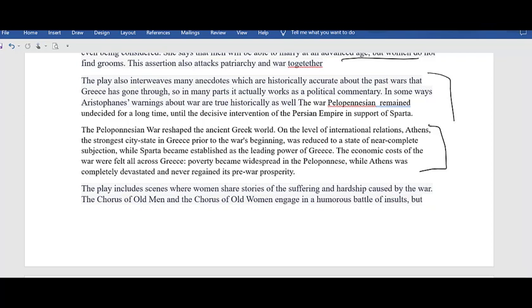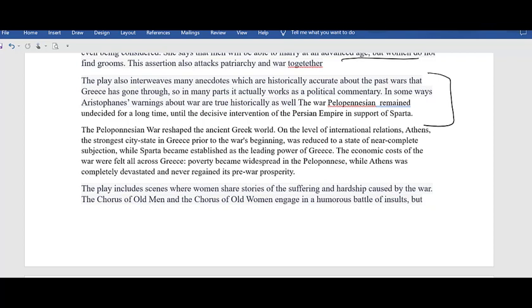And it is important because this play is not just a vulgar play, it is also a political satire, because it does interweave many historically or geographically accurate places which have had wars. So if you read this play carefully, Aristophanes mentions real places, real instances, and talks about genuine people, real people who have been a part of the Greek civilization.